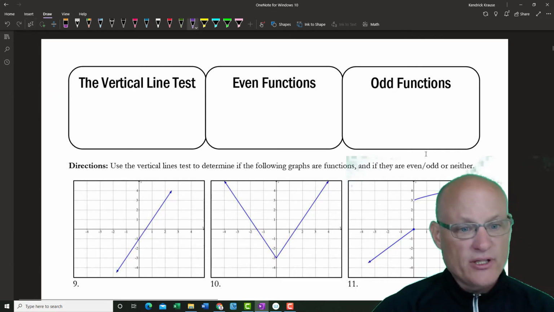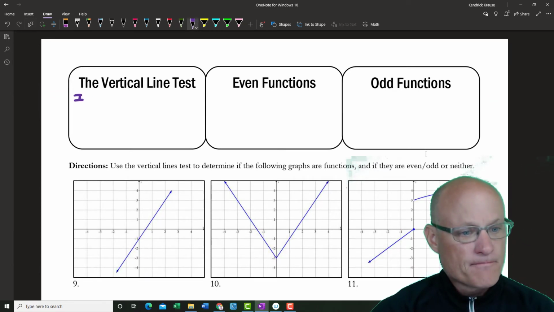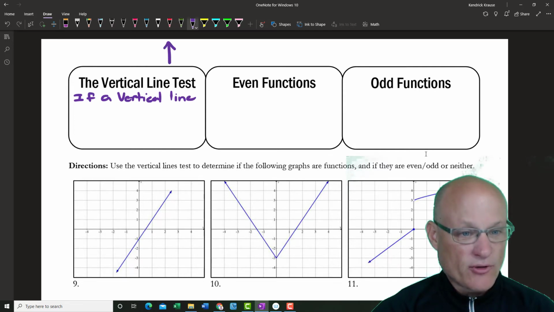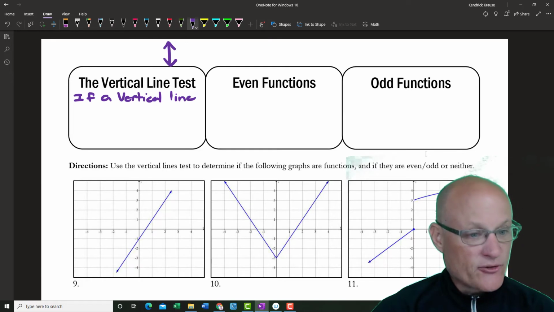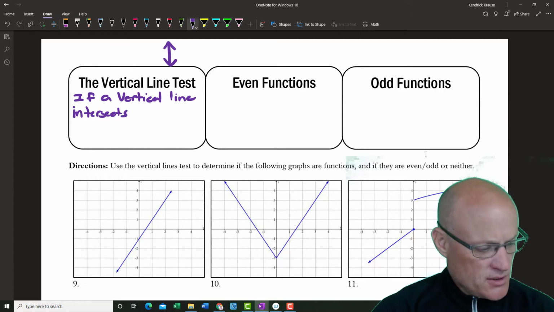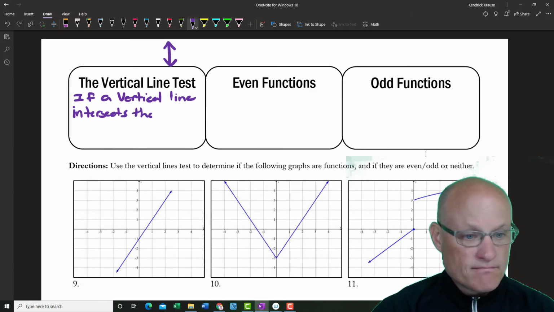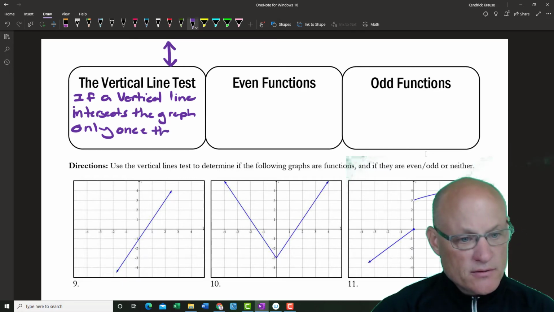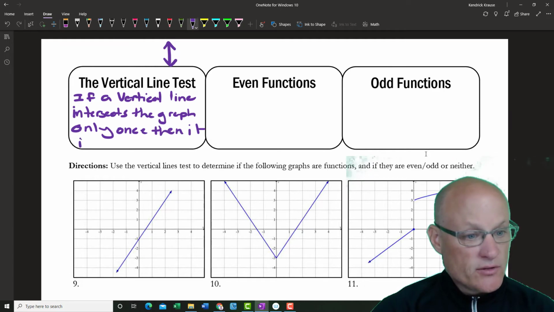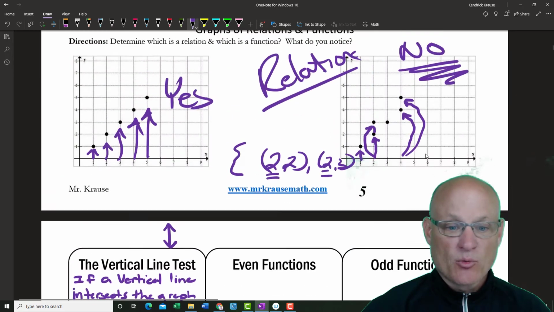And this really just says this: if a vertical line, by the way, vertical lines are lines that go straight up and down, just so you know, if a vertical line intersects the graph only once, then it is a function.